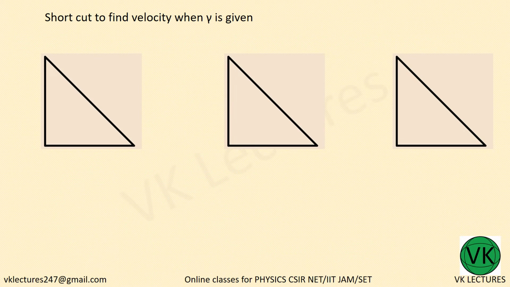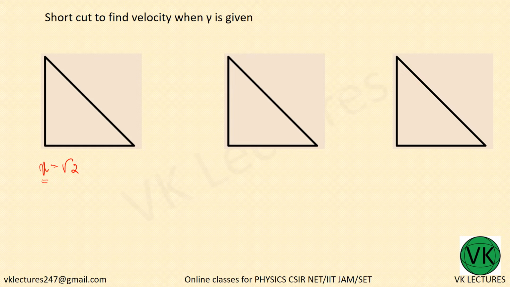Here we are going to learn how to find the velocity when gamma is given. When gamma is given, how will you find the velocity? In the previous question we had gamma equal to root 2. Now what you have to do is write this gamma as sides of a right angled triangle.